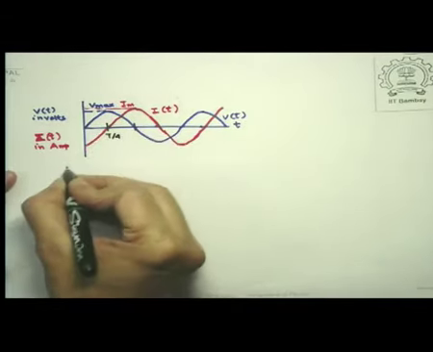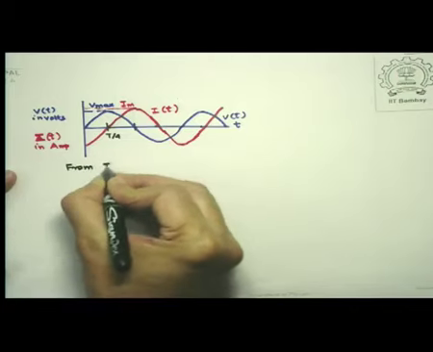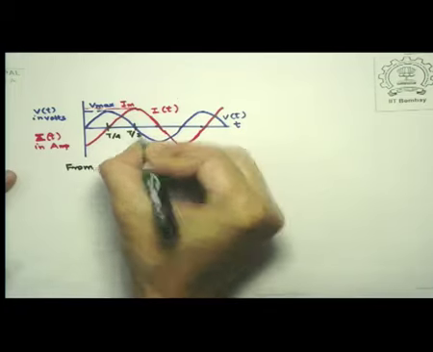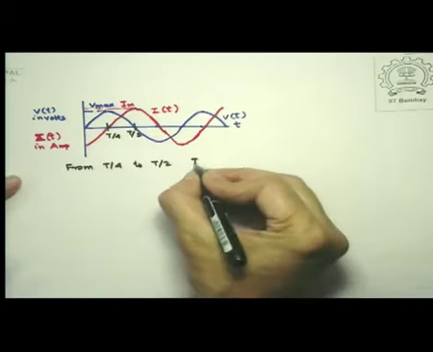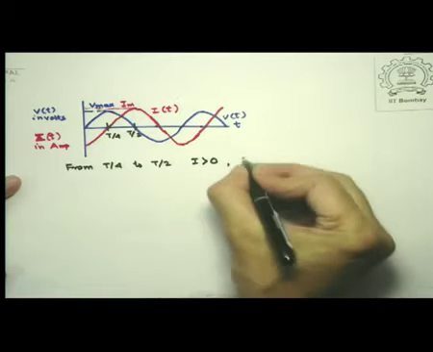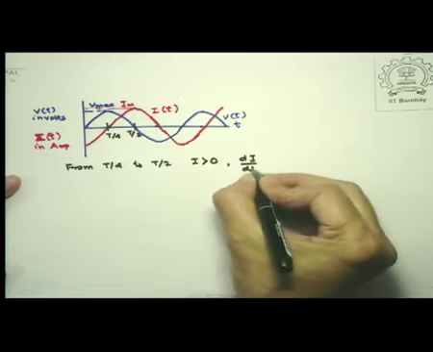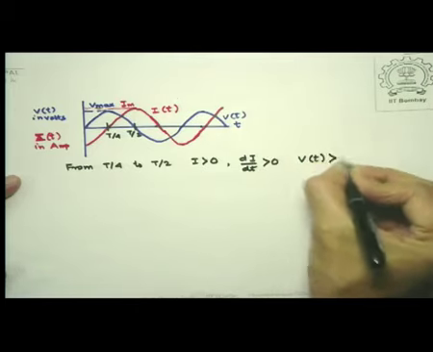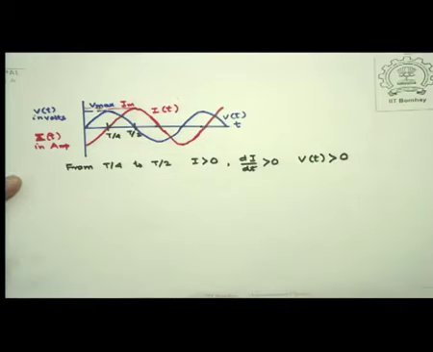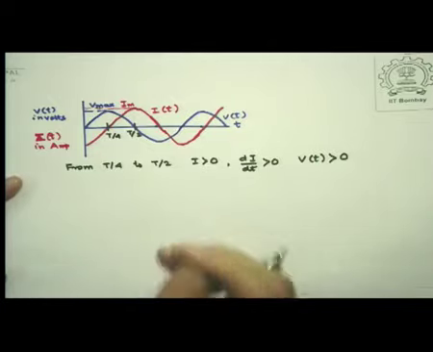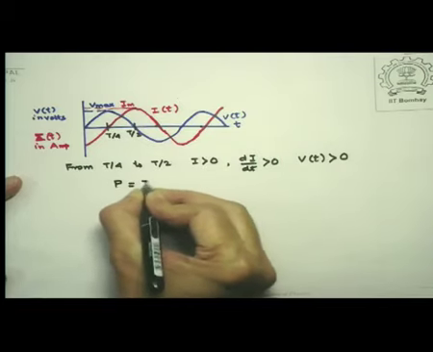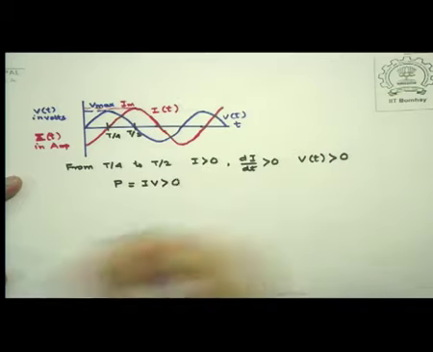In this cycle from T by 4 to T by 2, which is here, you notice my current is greater than 0. Not only that, it is increasing, that is di by dt is greater than 0, which implies that my voltage V of t is also greater than 0, which can also be seen in the voltage curve itself. So it tells me that power, which is I times V, is greater than 0 in this cycle.